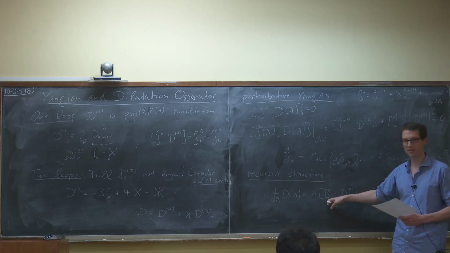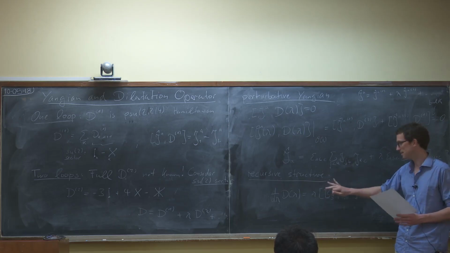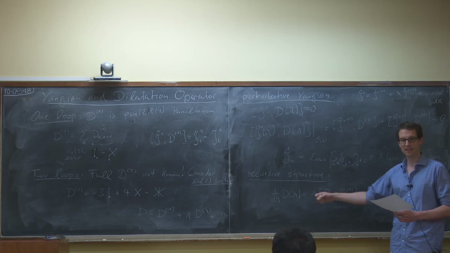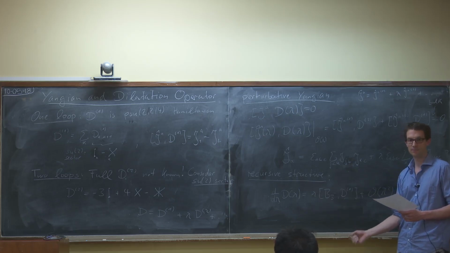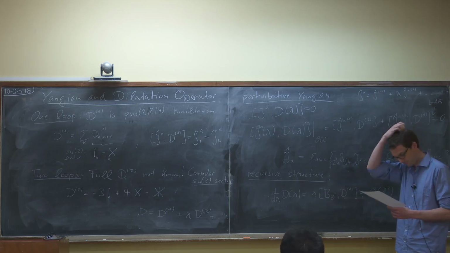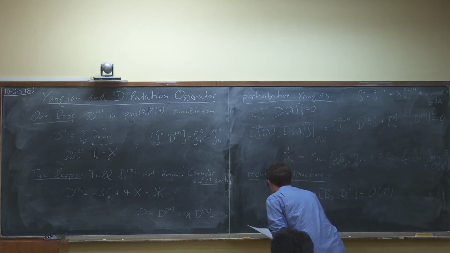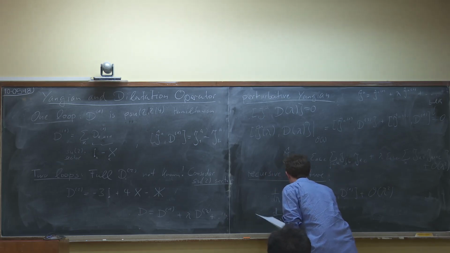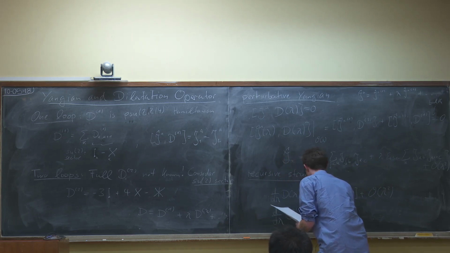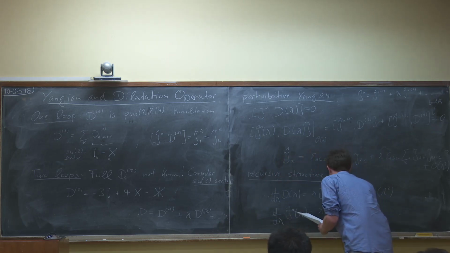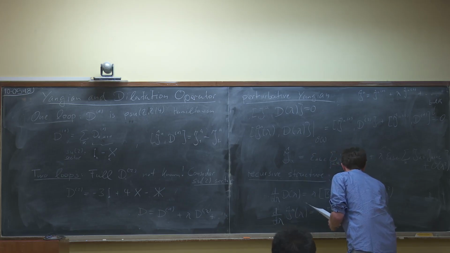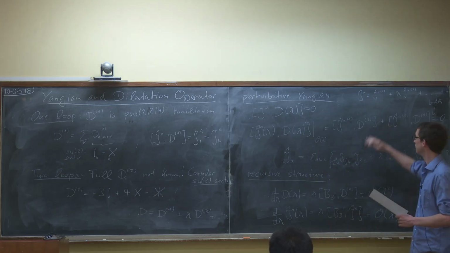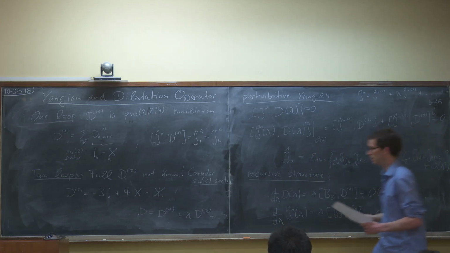I just have to modify this connection here. So this is a bit like a parallel transport equation for the dilatation operator in the coupling constant now. And the same holds for the Yangian level 1 generator. And then this equation will be satisfied.